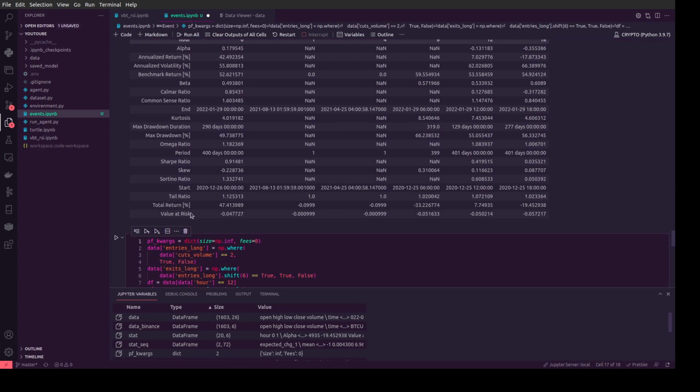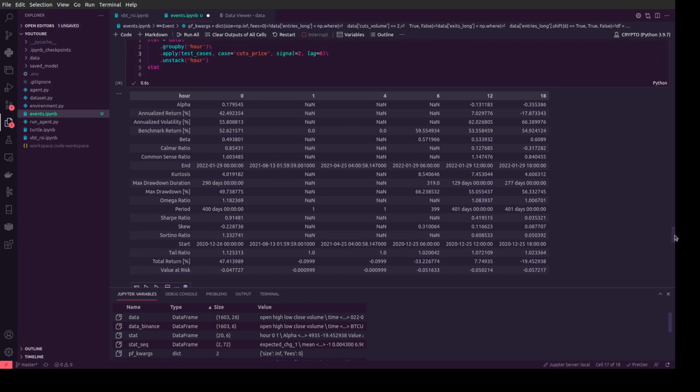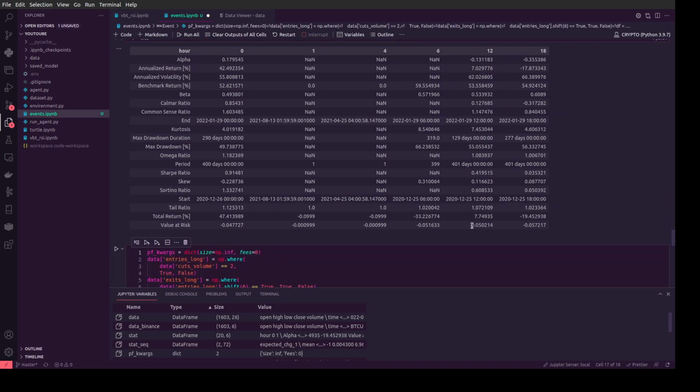You could get a return of about 47%, but our benchmark is better, it is 52%.